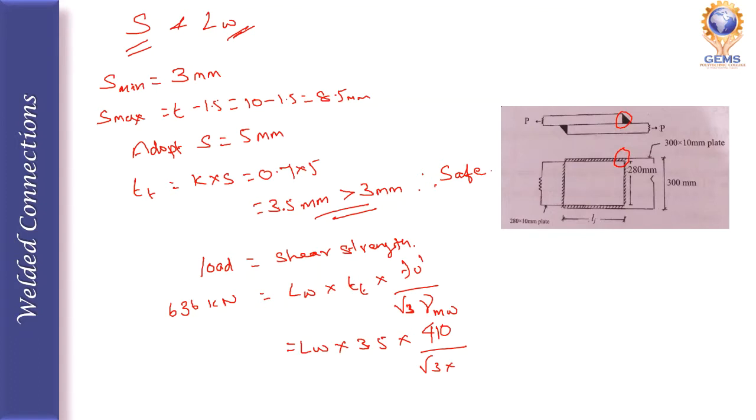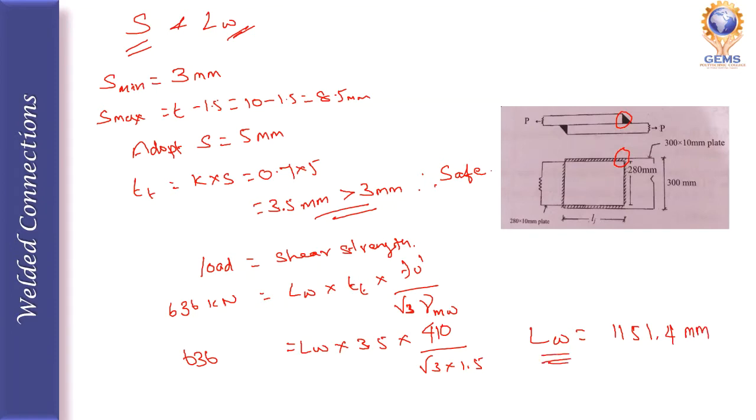It is usually 1.25, but in the question it is given as 1.5. So it is 1.5. If you substitute everything, we will get Lw value equal to 1151.4 mm. This is the Lw value.